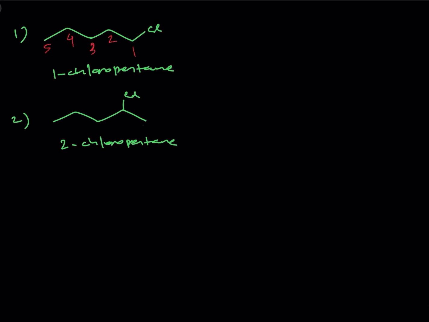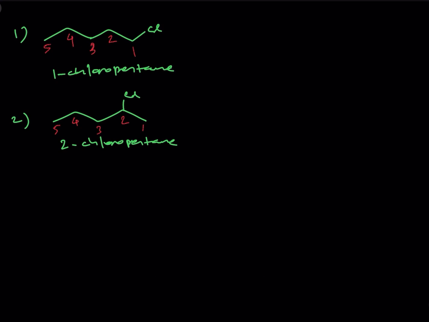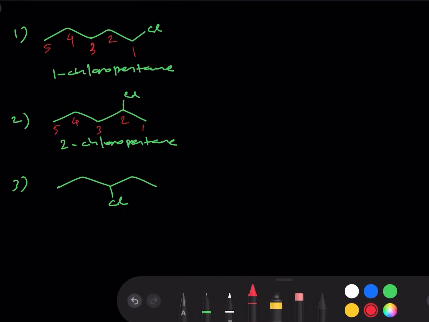Let us do the numbering 1, 2, 3, 4, 5. We can also write 3-chloropentane. So, let us write the chlorine atom at the third position.